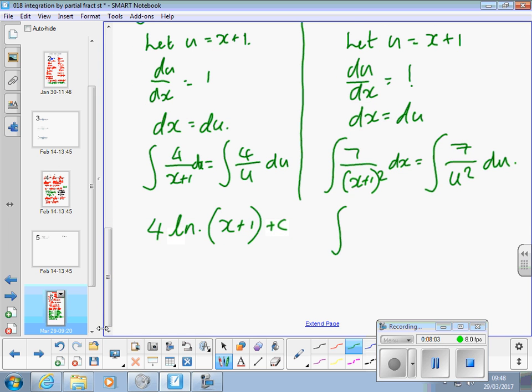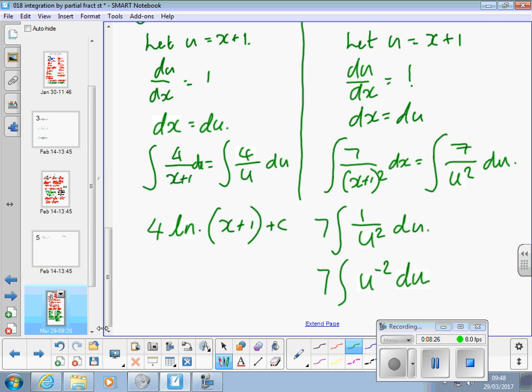So we can bring a constant outside, 1 over u squared du. Now this is where the laws of indices come in. We can write this as 7 times the integral of u to the minus 2 du.